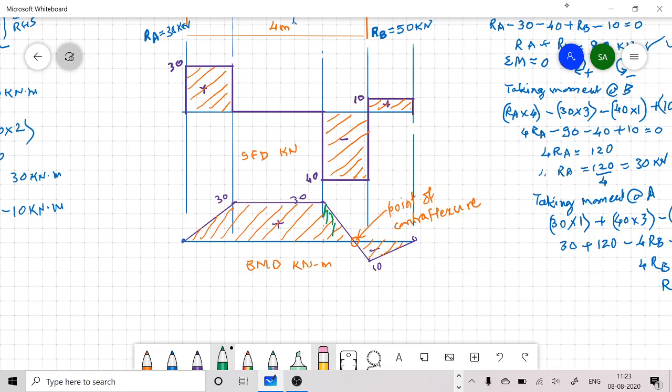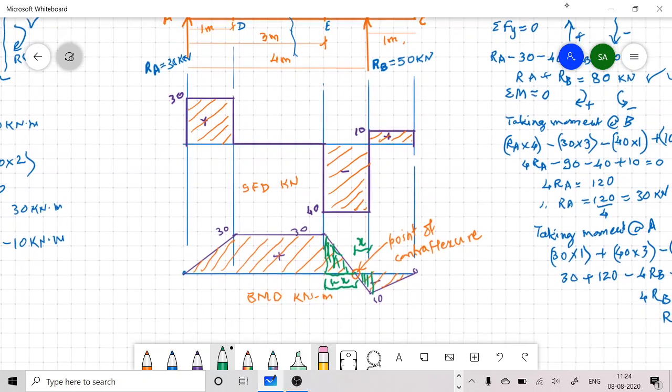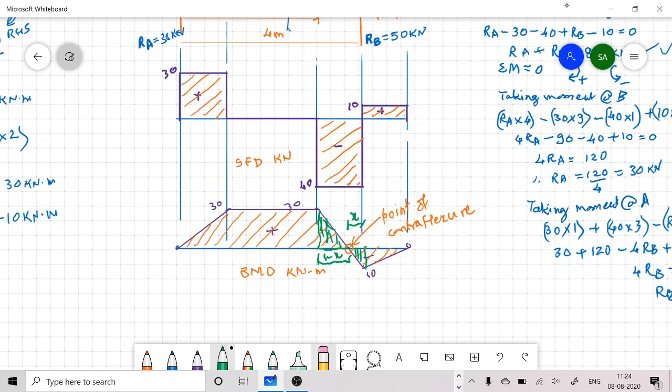Consider this triangle and this triangle. Both are similar triangles. Assume this as say x. So this is 1 minus x. Why 1 minus x? Because E to B is 1 meter. This is E point. This is B point. So E to B is 1 meter.